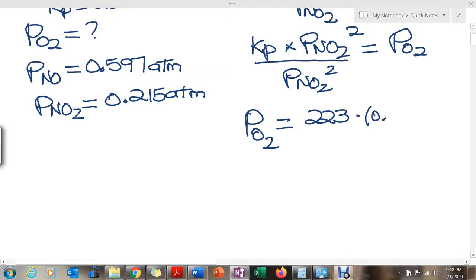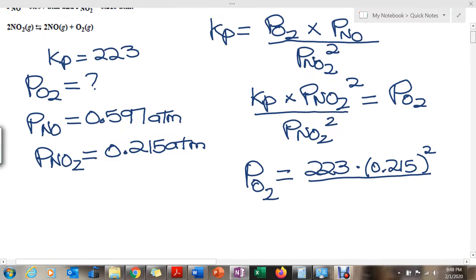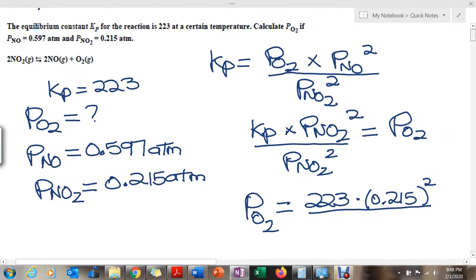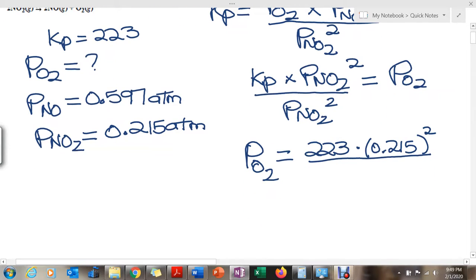Be careful when you pick up the numbers. Make sure it's the right data. It's 0.215, that's right. And it's going to be to the square because the NO2 has a coefficient of 2.